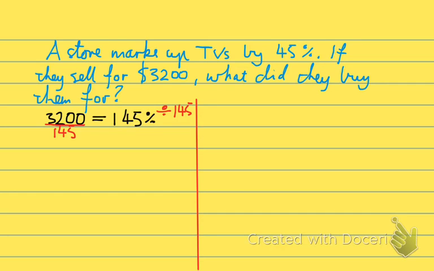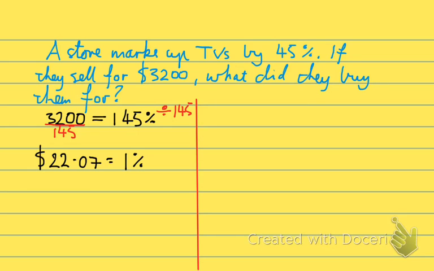Divide 3,200 by 145. So that gives us 22, I'll round it to the second decimal place, 22.07, is equal to 145 divided by 145 is always going to be 1, is equal to 1%.